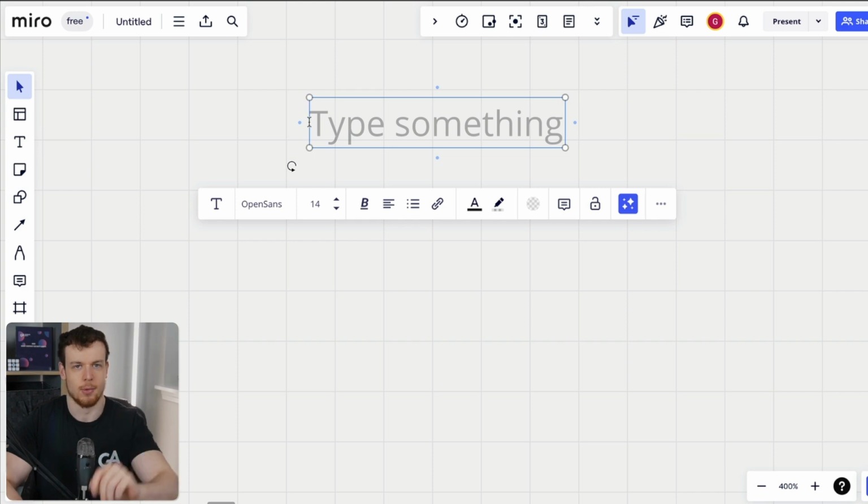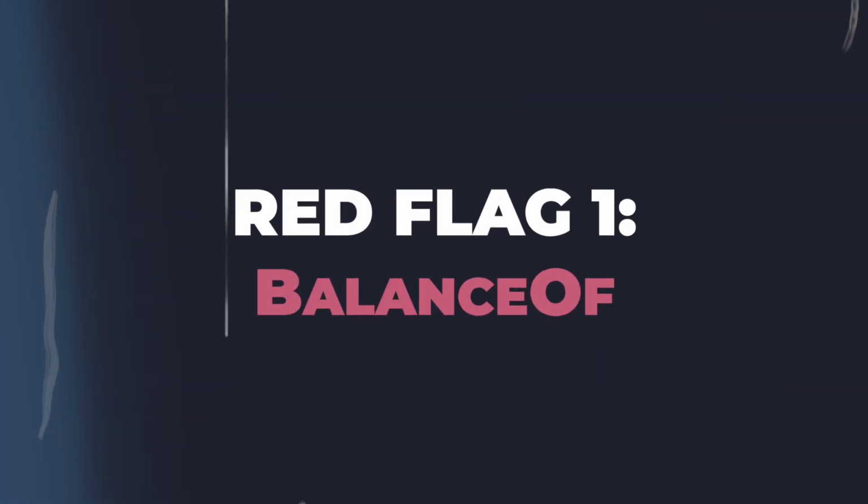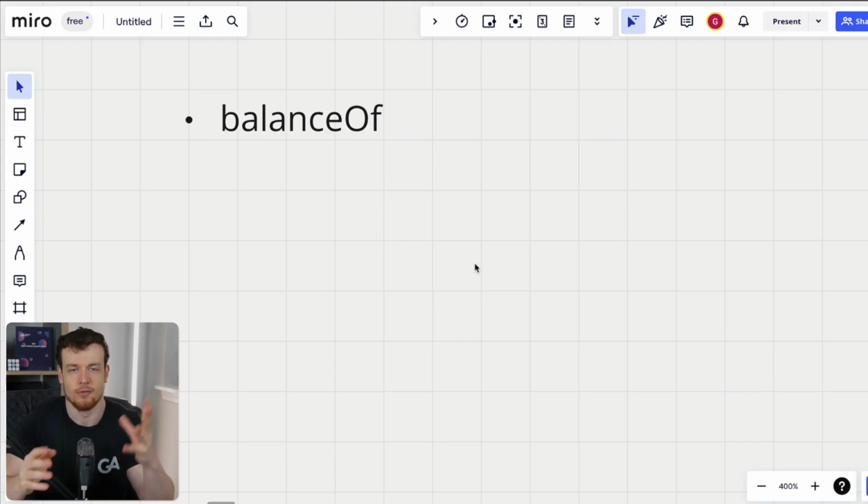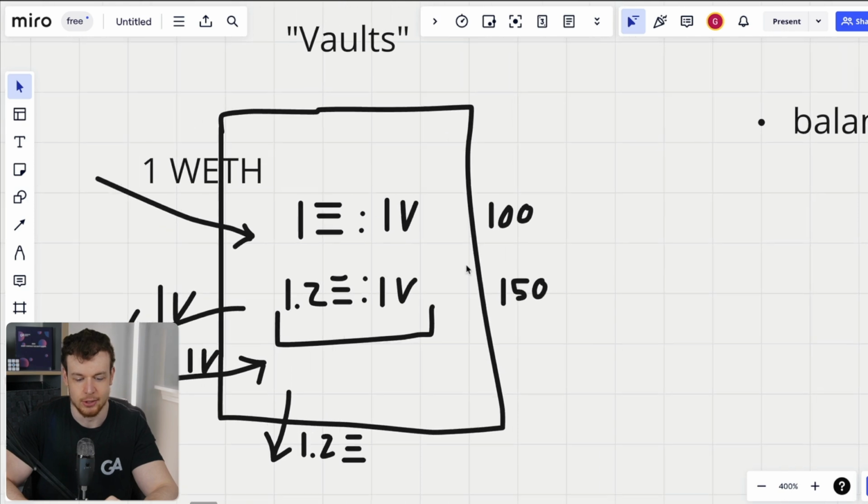So the first most important red flag that you will see in a system that should get you to start thinking about inflation attacks is you want to see balanceOf used in the accounting. Very commonly, balanceOf will be used to determine what is the share of one of these vault tokens, because very easily you can just say, okay, what is the balance of this contract in wrapped ether?